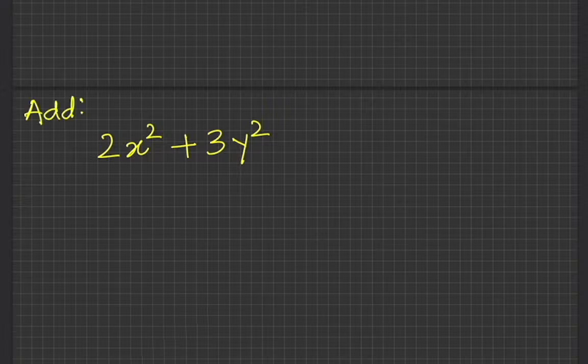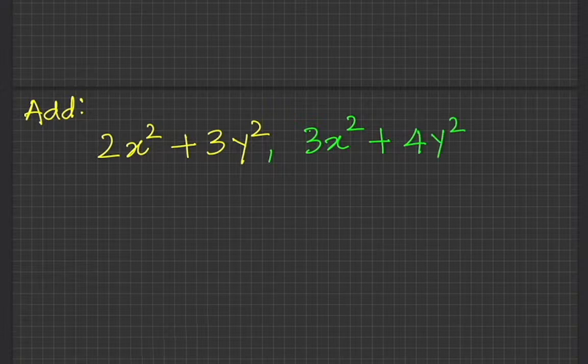Let's say I have 2x squared plus 3y squared, and I add 3x squared plus 4y squared.